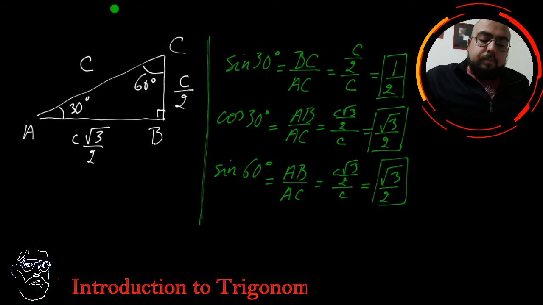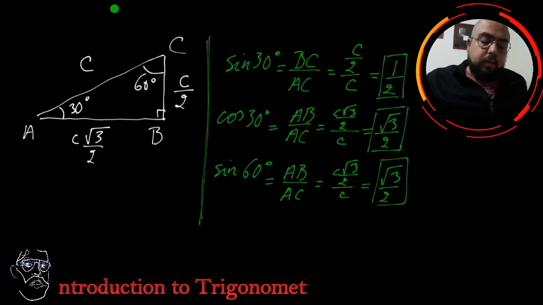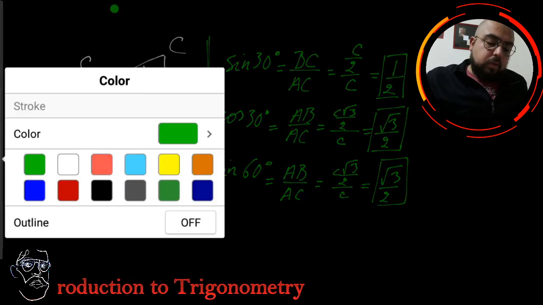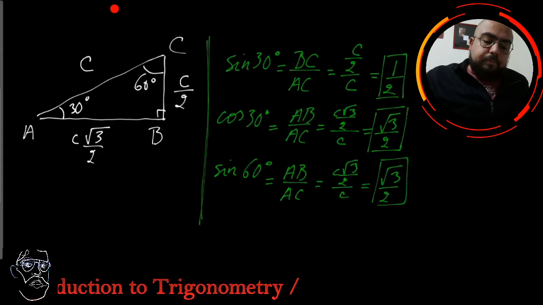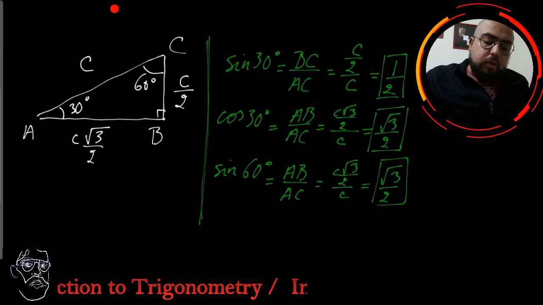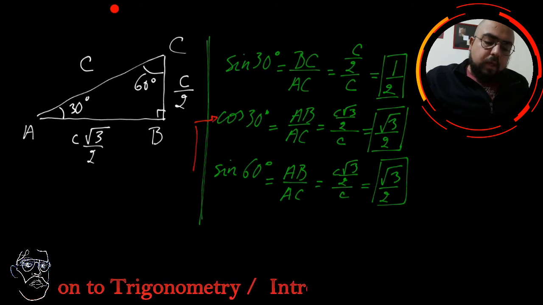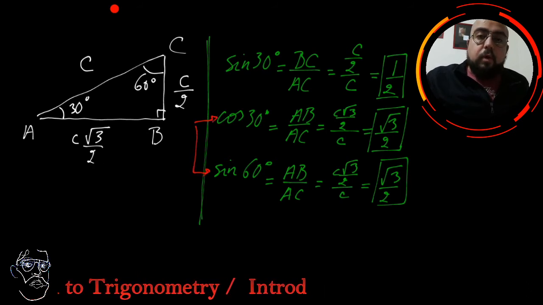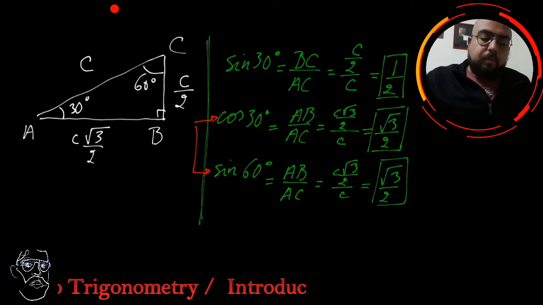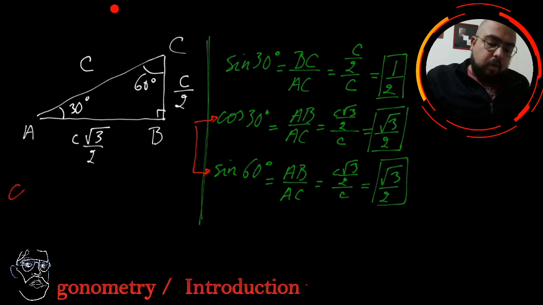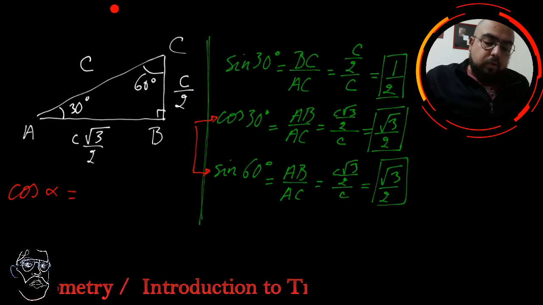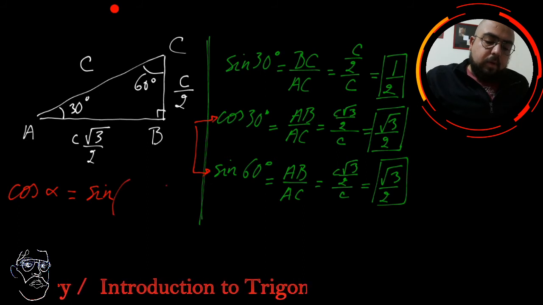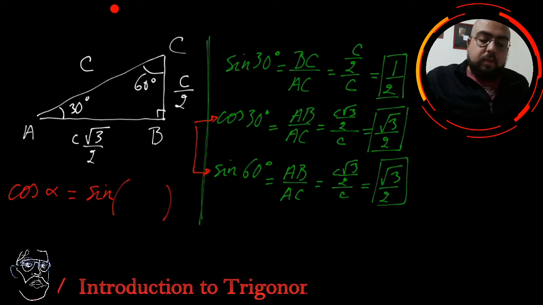So one of the important things that we should pay attention to in this case, as you can see, cosine of 30 is equal to sine of 60. So for complementary angles, the cosine of a certain angle, let's say I have cosine 30, I'm going to call it cosine alpha, is equal to the sine of a certain angle, which gives me, of course, 60.